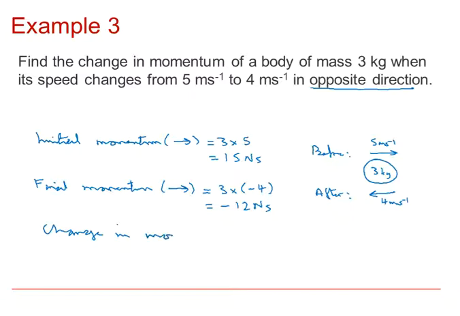and therefore the change in momentum, which is what we were looking for, is the final momentum, and the final momentum was negative 12, take away the initial momentum, which was 15, therefore the change in momentum was minus 27 Newton seconds, i.e. a loss of 27 Newton seconds.